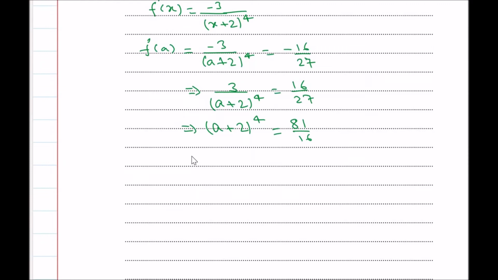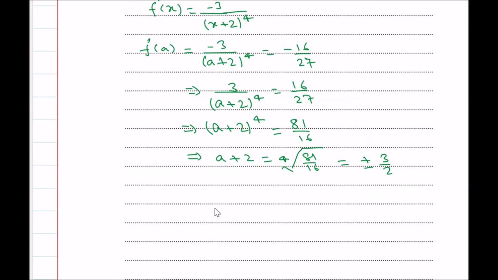This implies that now we'll take the fourth root, and the fourth root of 81 by 16 will be plus minus 3 by 2, because the fourth root of 81 is 3 and the fourth root of 16 is 2. So that will be positive and negative both roots. So plus minus 3 by 2.